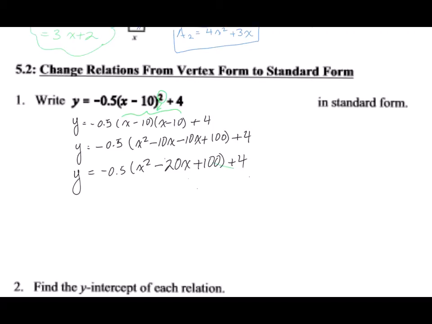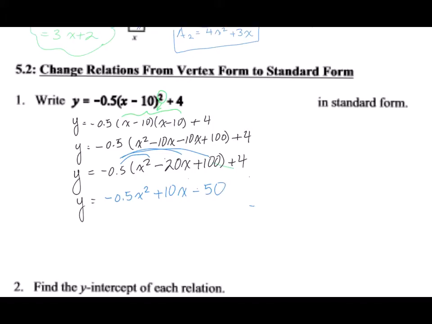So now we're going to take a look at the 0.5, and we're going to multiply it by everything inside that bracket. So there's 3 lines that go into it. So we end up with negative 0.5x squared. Now the next one you're going to get plus 10x, because negative times negative is a positive. And then we do the same for the last one as well.